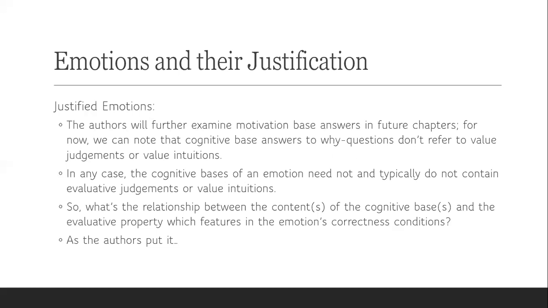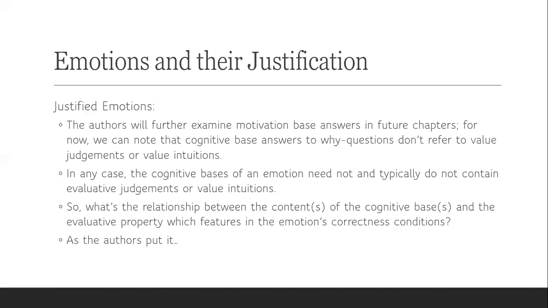Maybe it's possible there could be an evaluative judgment or a value intuition in there somewhere. But the authors say even if that were true, the cognitive bases of emotions need not and typically do not contain evaluative judgments or value intuitions. Maybe the odd rare exception occurs, but it need not be this way. And indeed, it typically is not like this.